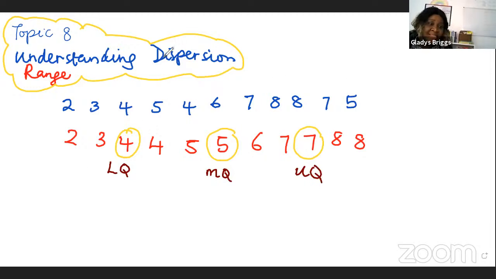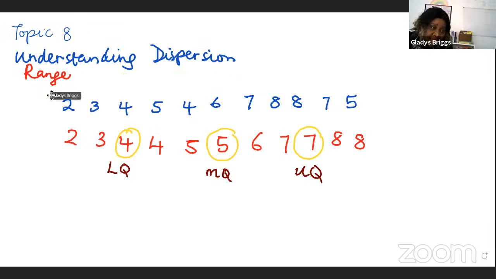Now there's something known as interquartile range. I didn't tell you about it, but I'm going to tell you about it now.